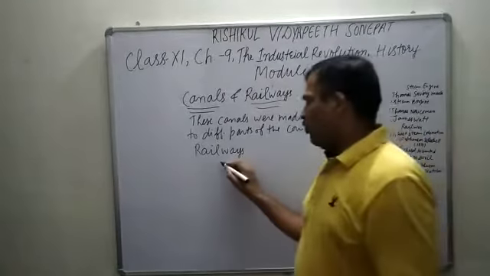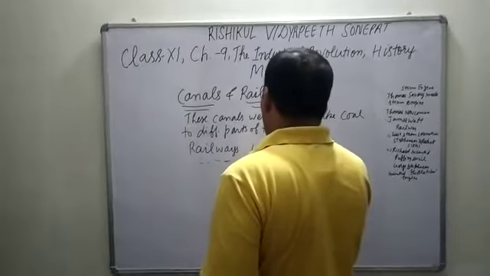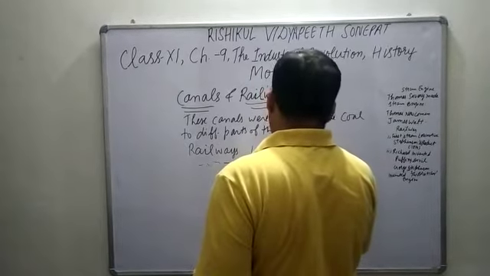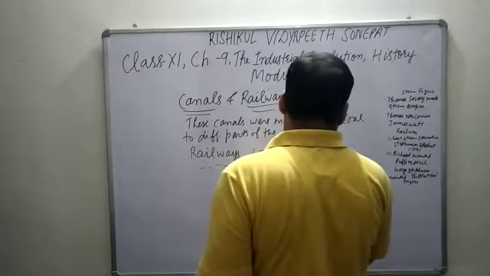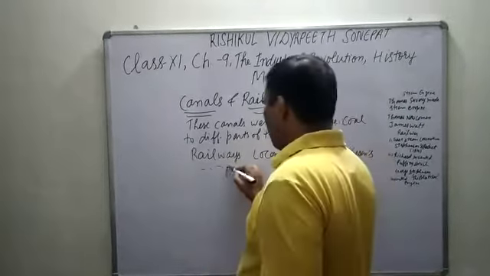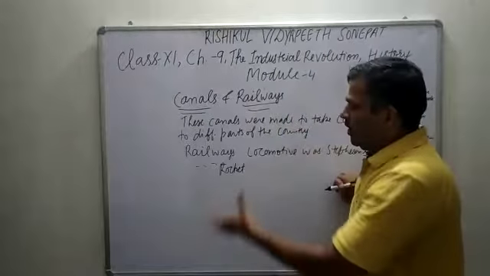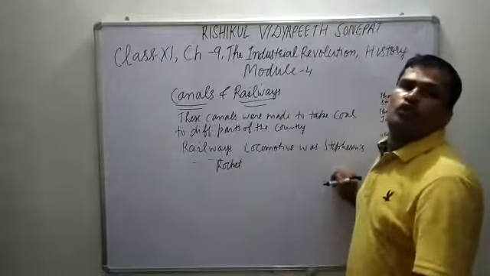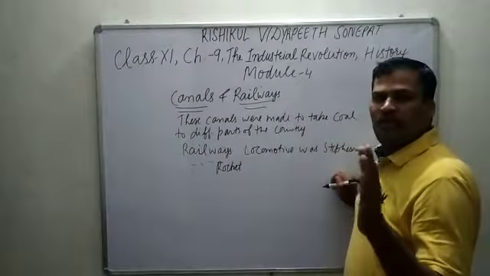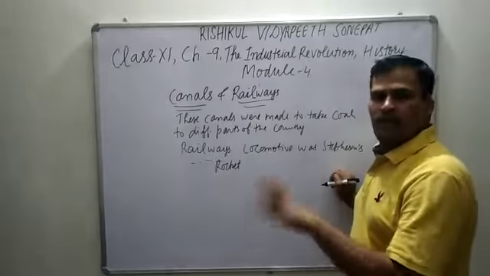Okay, now what was that? Railways. The first engine, the first locomotive, was Stephenson's Rocket. Okay, it was used to take people from one place to another and to take the goods also. Earlier the speed was very less, 4 miles per hour, 6 miles per hour.